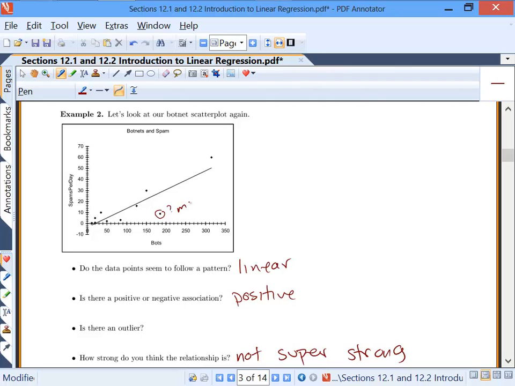Maybe an outlier, but probably not. It's definitely the one that's furthest away from the rest of the pattern. So this is far from the rest, but it still follows the same pattern.